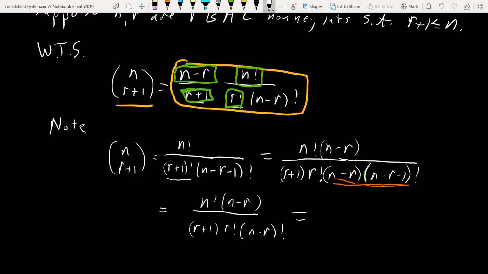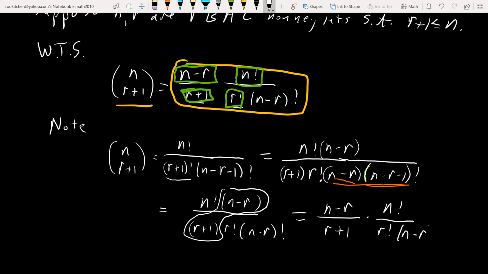And then we could rewrite it using the commutative property of multiplication. We want to put the n minus r first, all over r plus 1. That's this chunk. And then times the n factorial all over r factorial times n minus r factorial, which is exactly what we have in the yellow box.